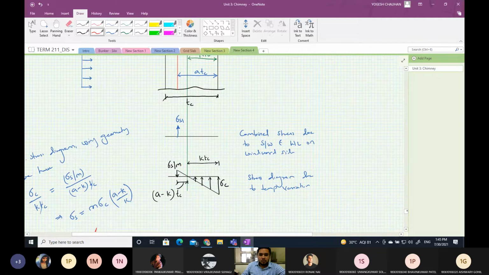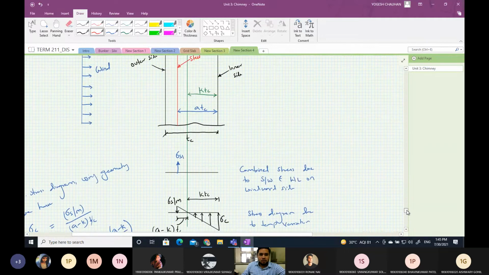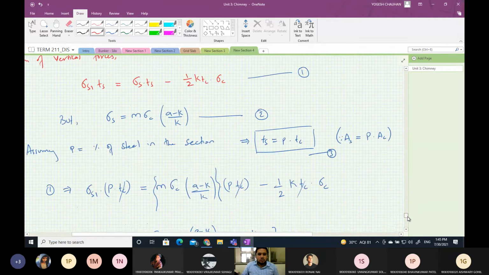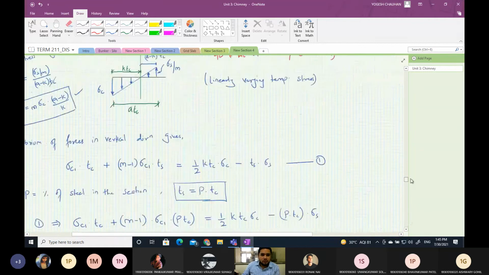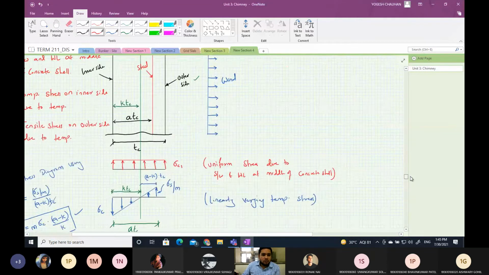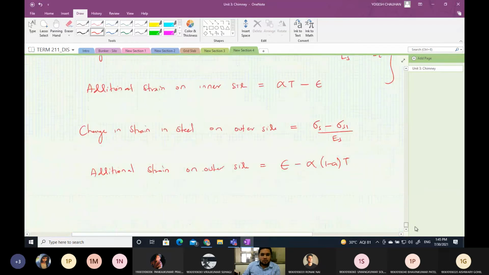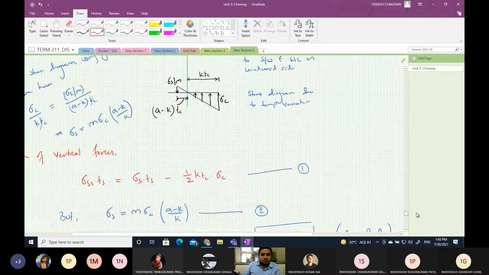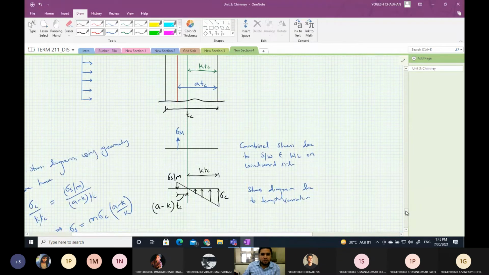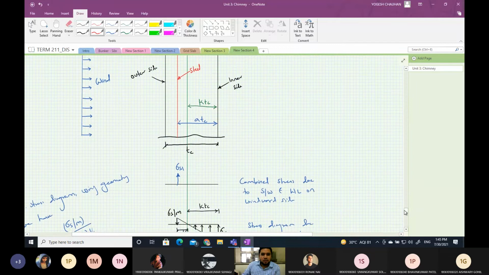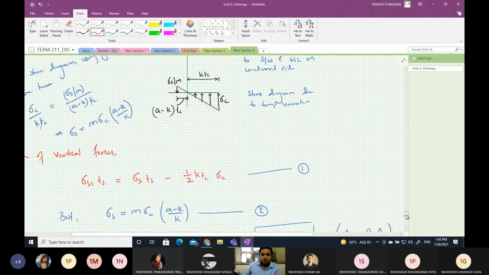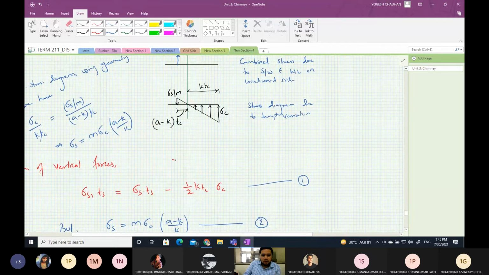See, the temperature variation on the inner side is maximum and minimum here. So if we draw the temperature variation, the temperature will be maximum here and 0 here.